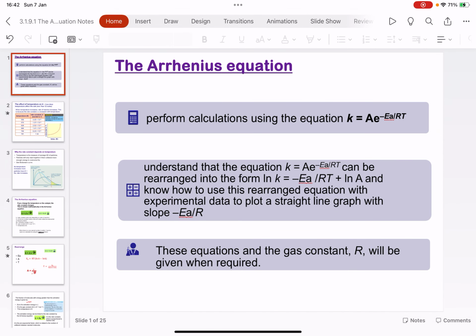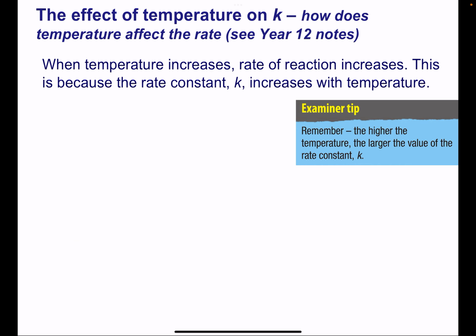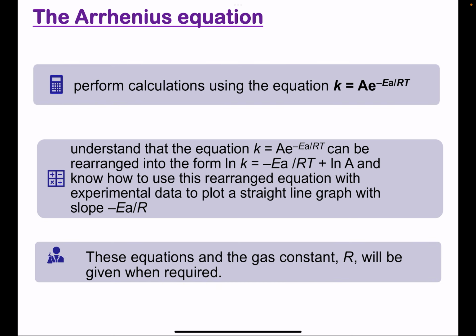So this lesson is on the Arrhenius equation. This is basically the mathematical concept, or the quantitative analysis, of how changes in temperature and adding a catalyst affect the rate. So we're dealing with numbers here.